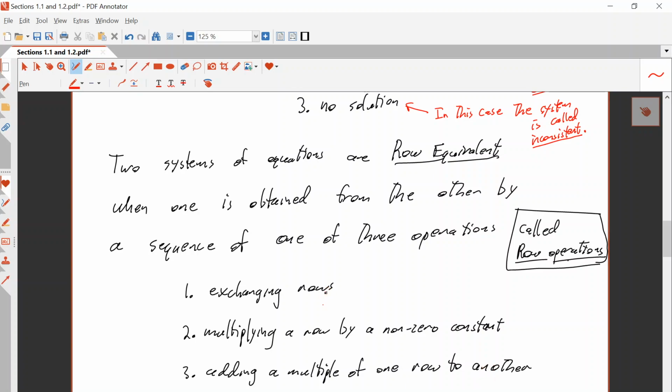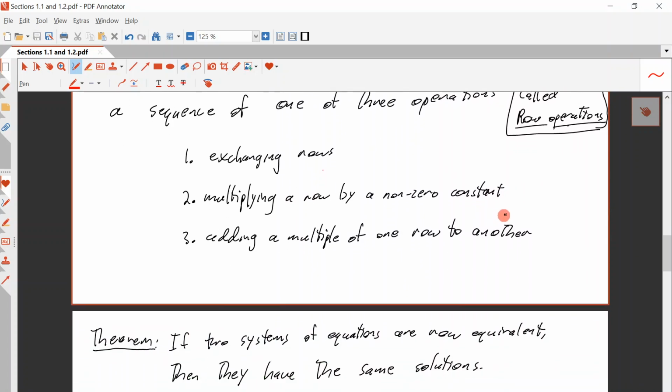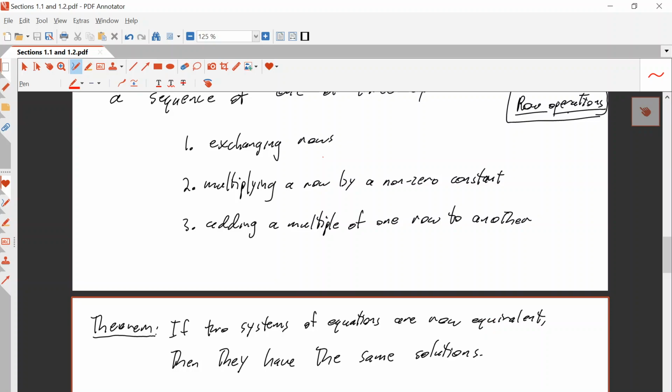And there's three of them. Exchanging rows, multiplying one row by a non-zero constant, adding one row to another row once or several times, or subtracting one row from another row once or several times. Okay, and the theorem is if two systems of equations are row equivalent, then they have the exact same solutions.